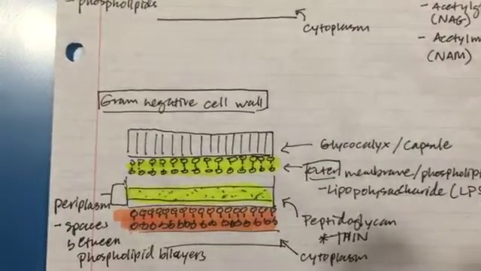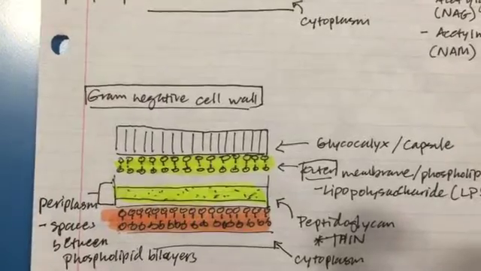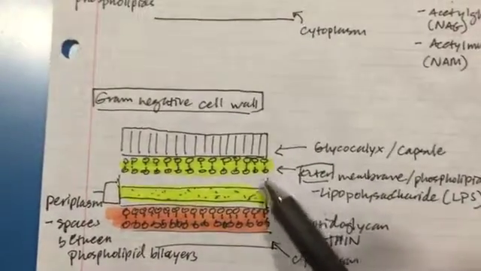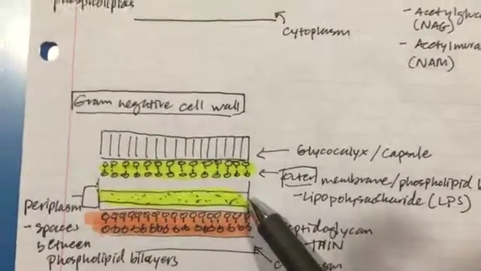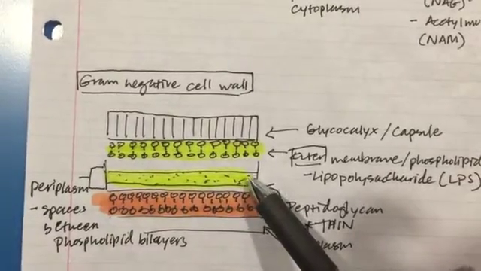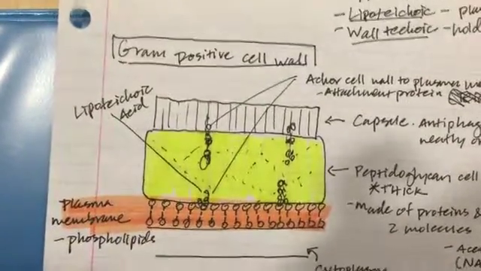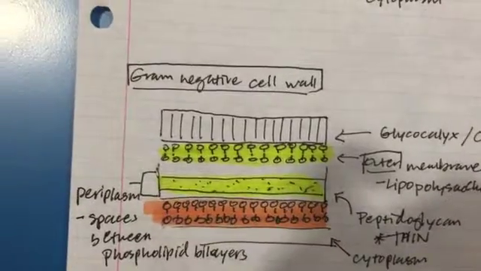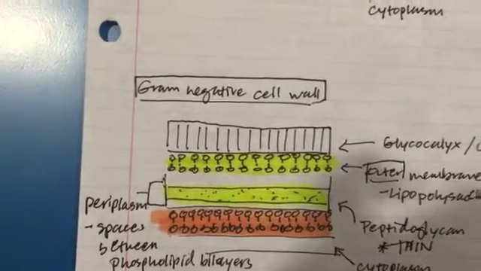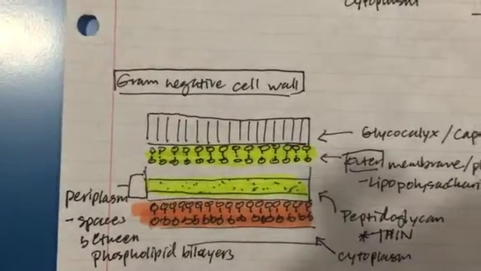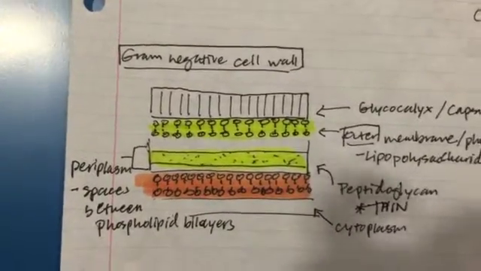It also has a layer of peptidoglycan, but you can see in the drawing here, this layer is very much thinner than the thick peptidoglycan in the gram-positive. So this is a key difference between gram-positive and gram-negative cells.